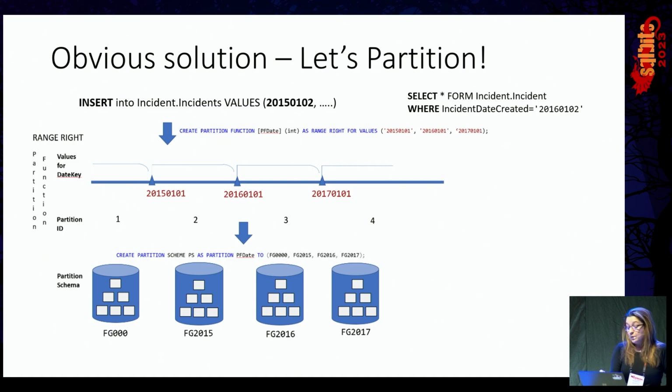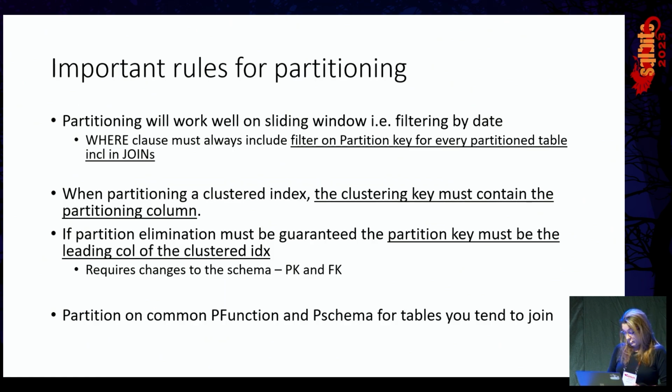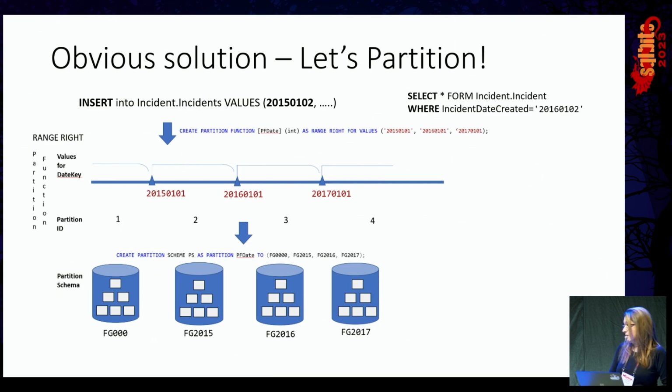Well, what if we select some data? The where clause of the select statement should potentially tell the date of the incident, and then based on the date of the incident, the query processor will be able to identify the partition ID and force the query to run and to access the data in a specific partition.